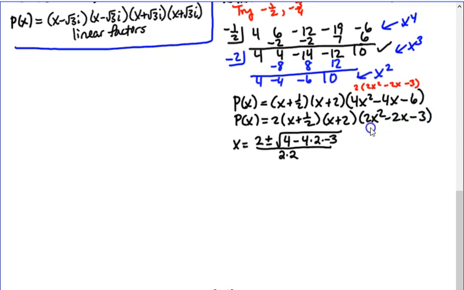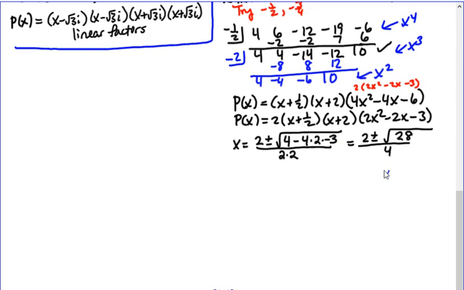So that's my a there. Okay, so simplifying, that would be 2 plus or minus the square root of 4 minus a negative, and this is 24. 4 times 2 is 8, times negative 3 is negative 24. 4 minus a negative 24, 28, all over 4.